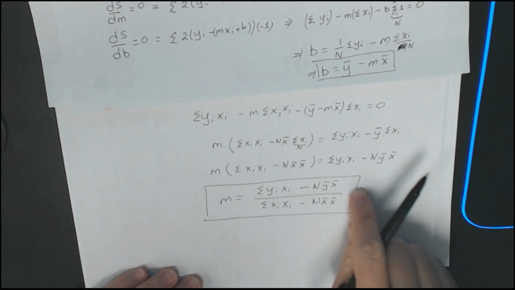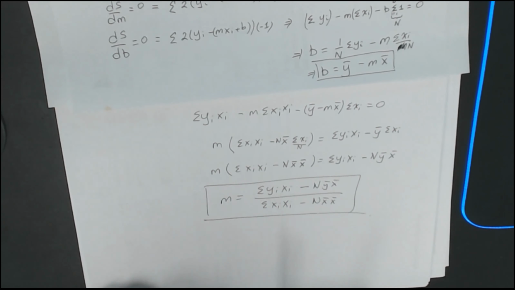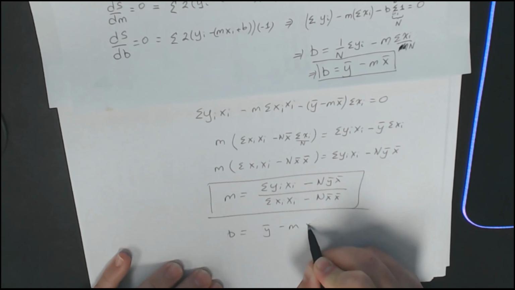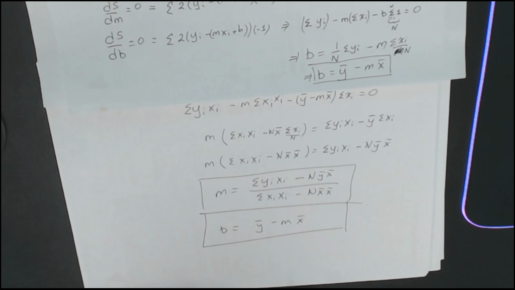You can actually rewrite this, if you take statistics, as the covariance of x and y divided by the variance in x. That's what that means mathematically. But this plus this give you the coefficients all the way through.